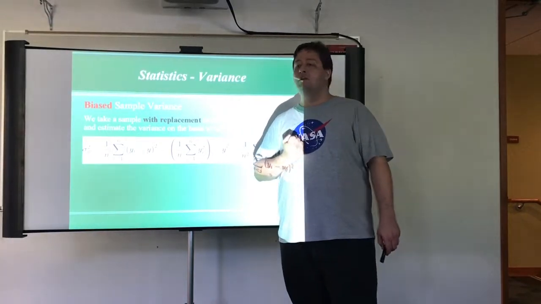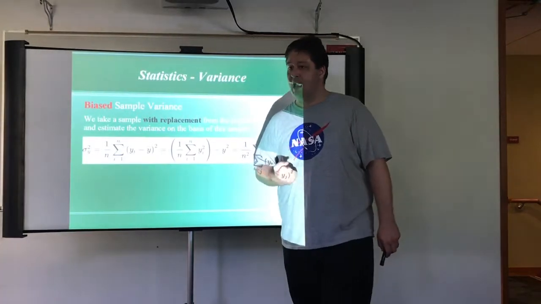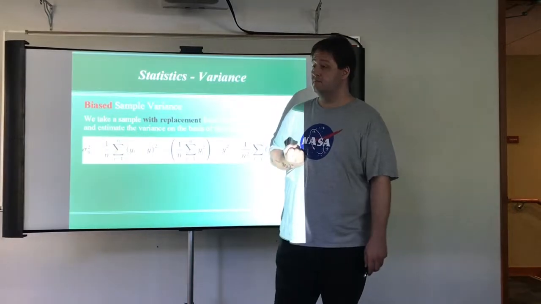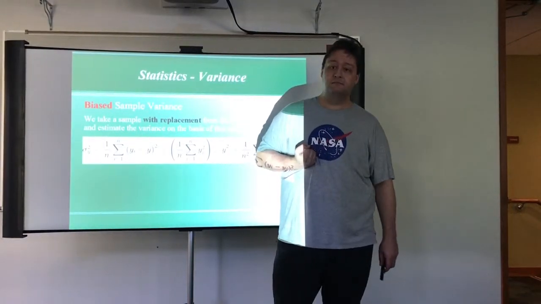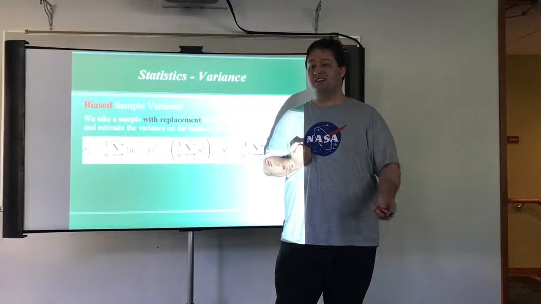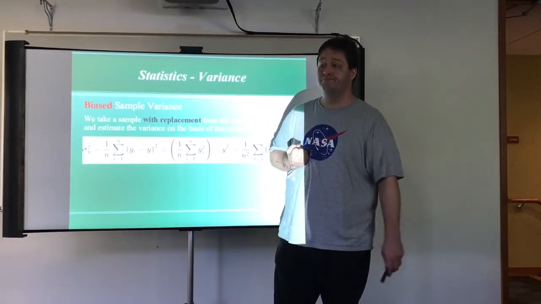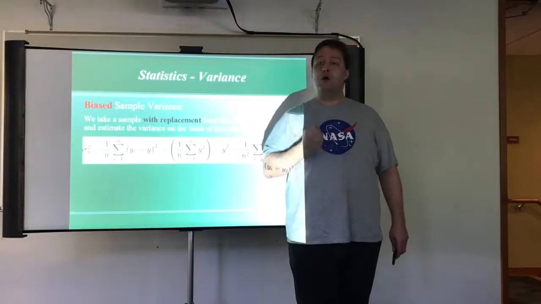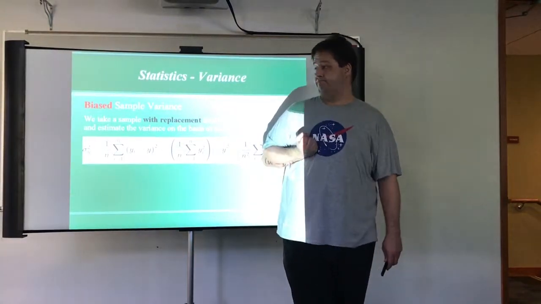So if I have 2 apples and an orange, and I observe an apple, I still have 2 apples and an orange in my population. If I observe randomly, I still have a 2/3 chance to observe an apple. That's with replacement. Without replacement means when I observe the apple, I remove it.